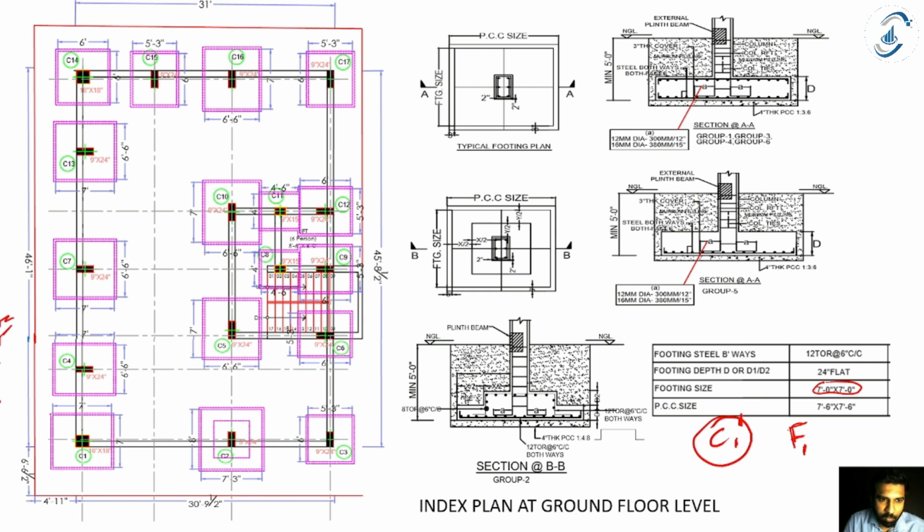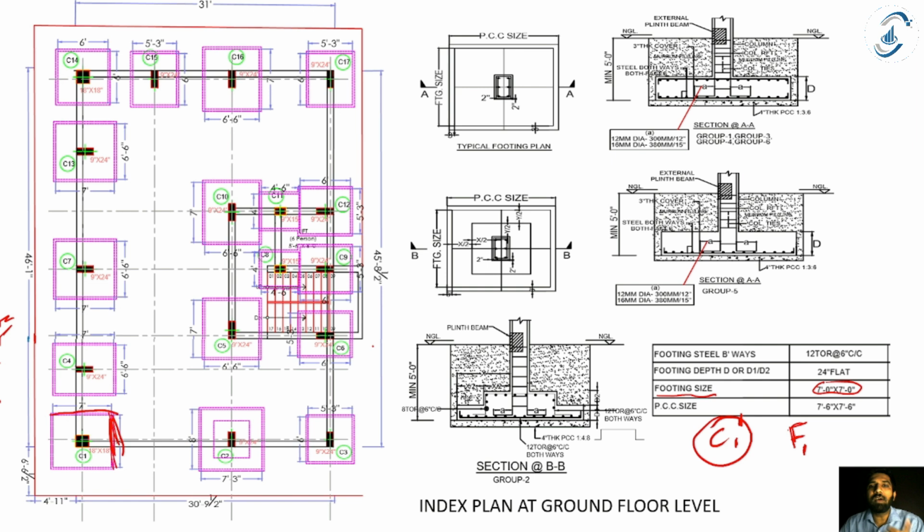The length is 7 feet, and the width is also 7 feet. It is mentioned in the plan as well as in this table: footing size is 7 feet by 7 feet.